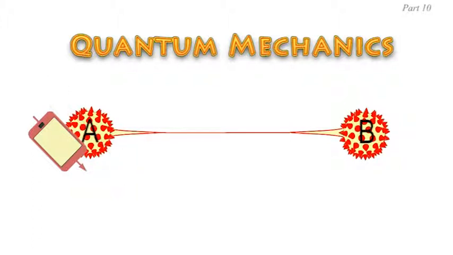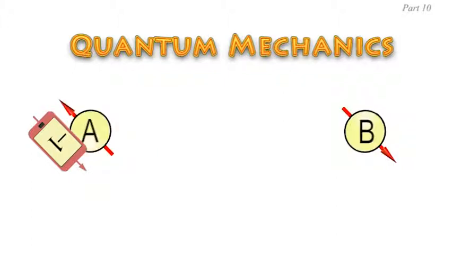When that measurement is made, the A points in the measured direction. At that very instant, it would seem, a message, I'll use that word, is sent across the universe, and the spin of electron B points in the opposite direction. How that message travels, what it actually is, whether it is simply just a part of the state vector connection somehow, we have no idea.